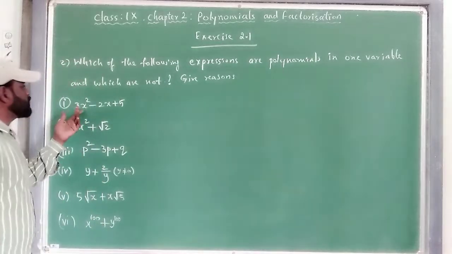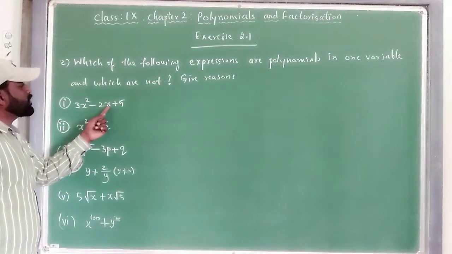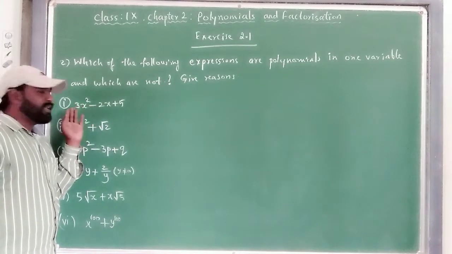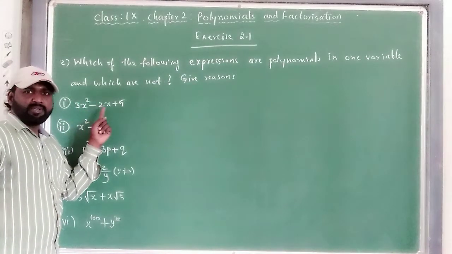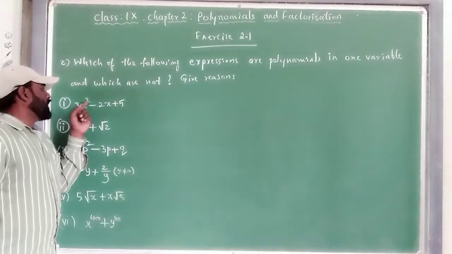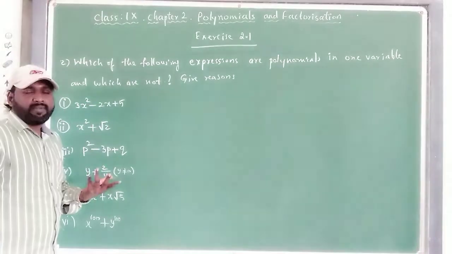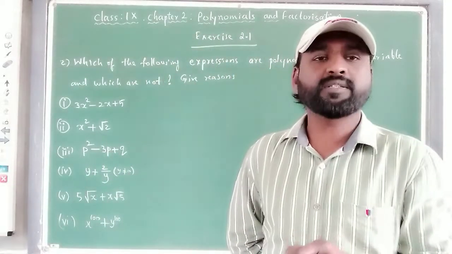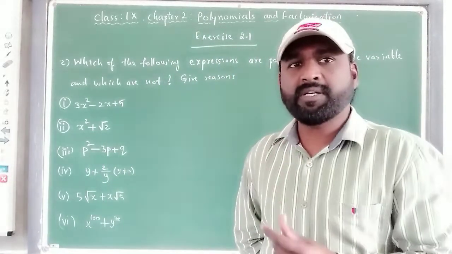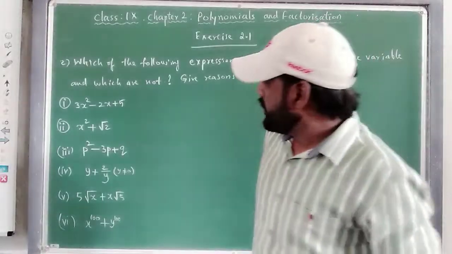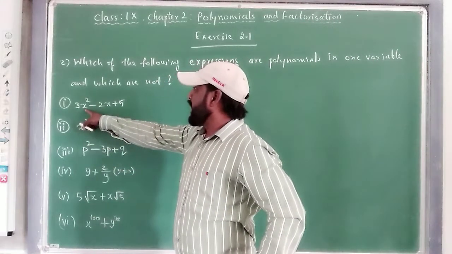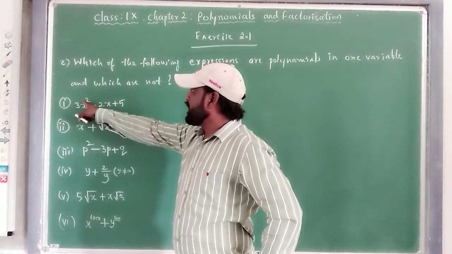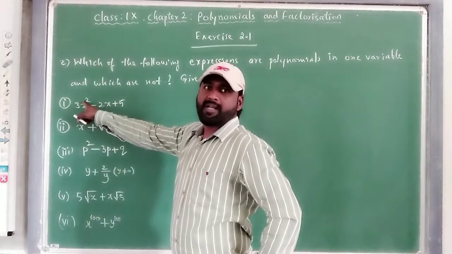So see the first expression, 3x square minus 2x plus 5. Here what is a variable? X is a variable. In all the terms only one variable is there, which is x. So the degree of the variable, how to check? The degree of the variable should be positive integer. Then only that expression is called a polynomial. Yes, the exponent of the variable is 2, which is positive integer.